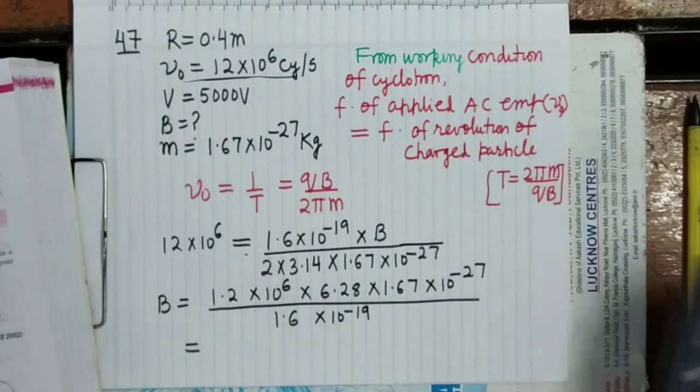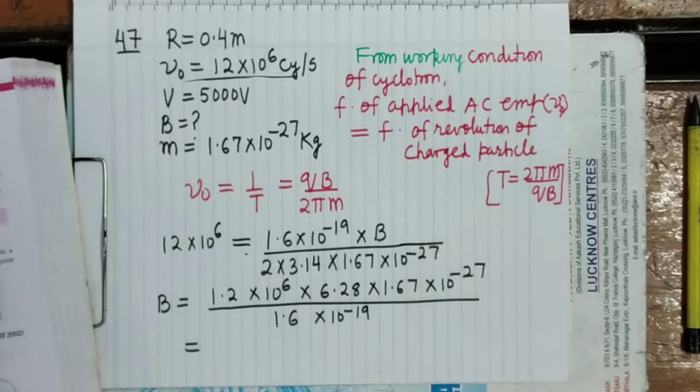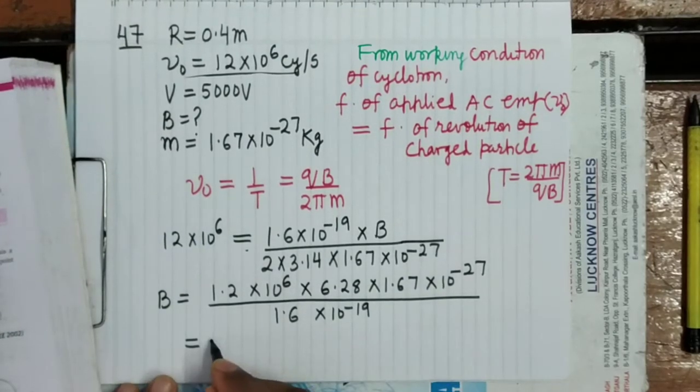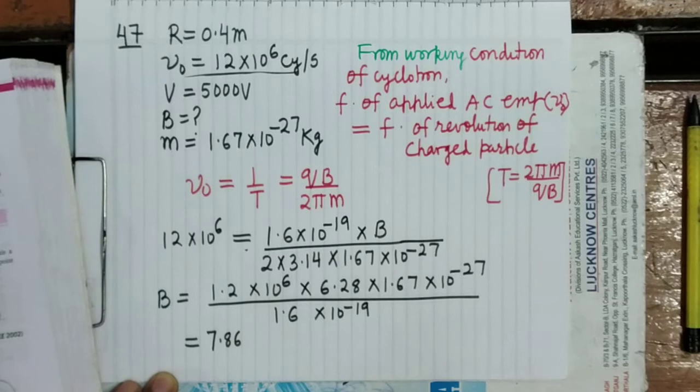So I am simplifying it here. You can see 1.2 into 6.28 into 1.67 divided by 1.6 equals 7.86, into 10 to the power 25 and 10 to the power minus 27 and minus 19, so it equals 10 to the power minus 2.